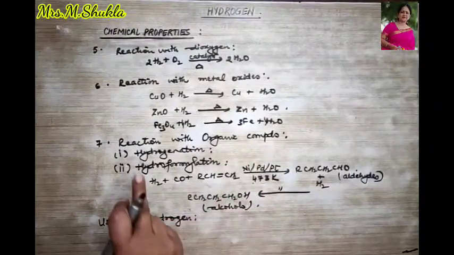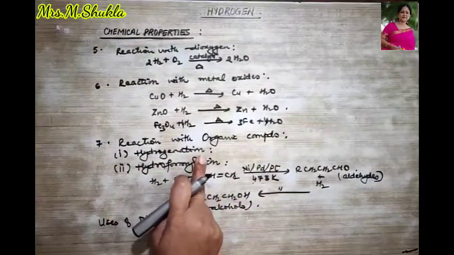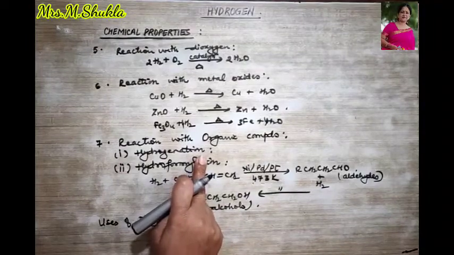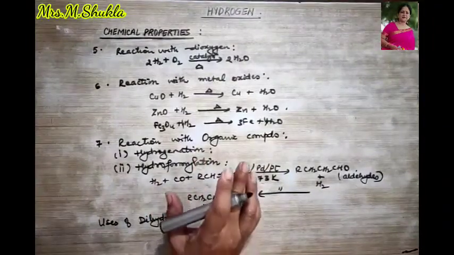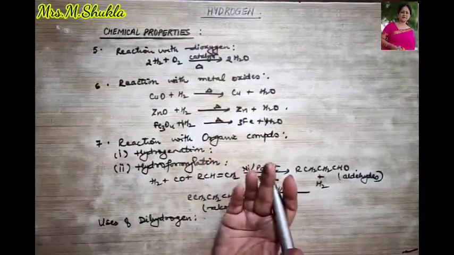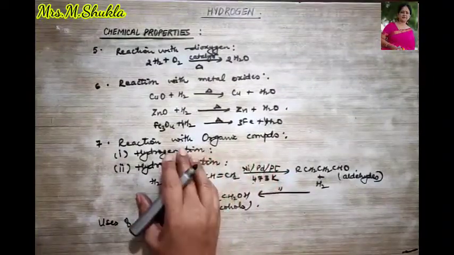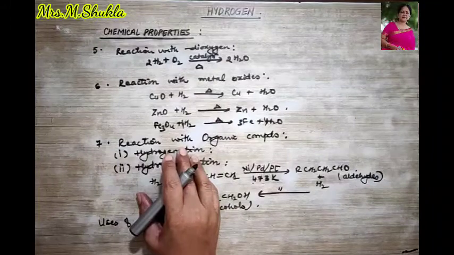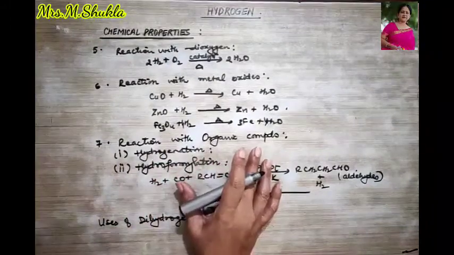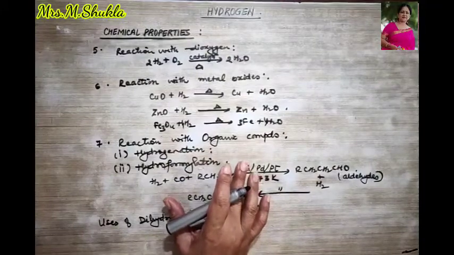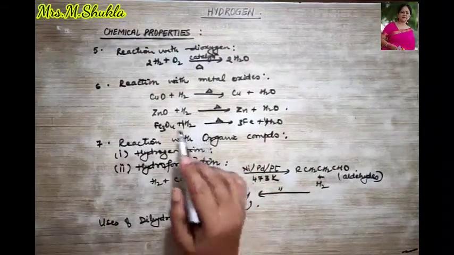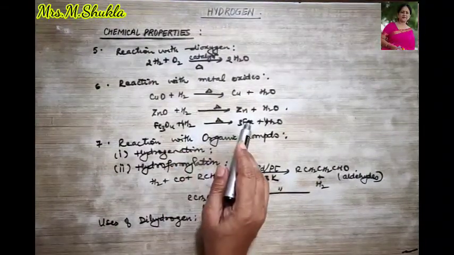Then, as we have read over here, it is used for the manufacture of vanaspati fat. Then in the manufacture of organic chemicals, right? Then it can be used for the manufacture of metal hydrides. In the metallurgical process, it is used to reduce the heavy metallic oxides to the respective metals.